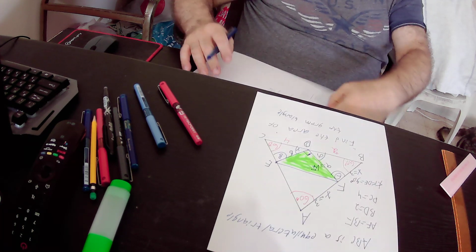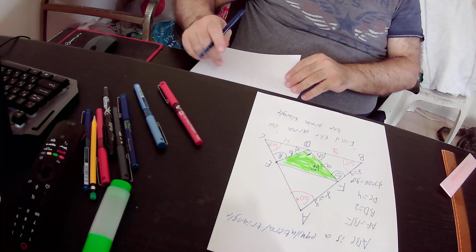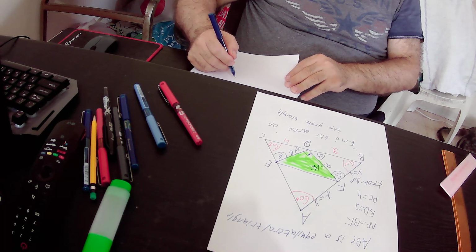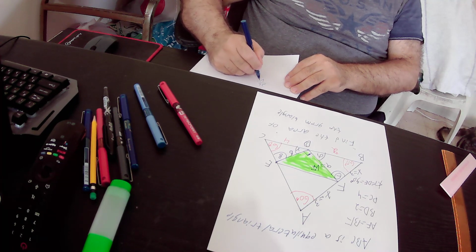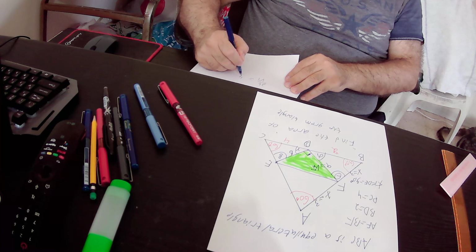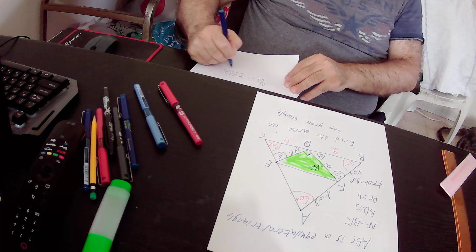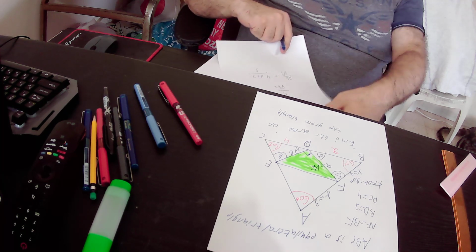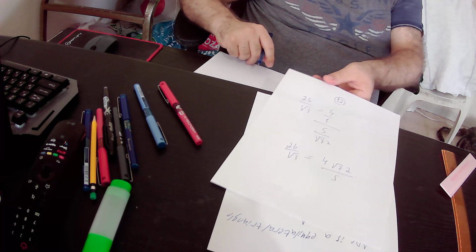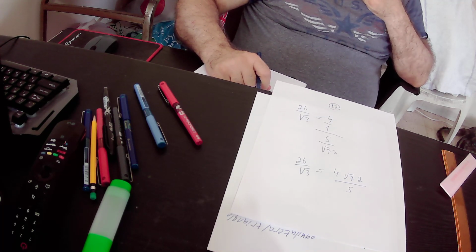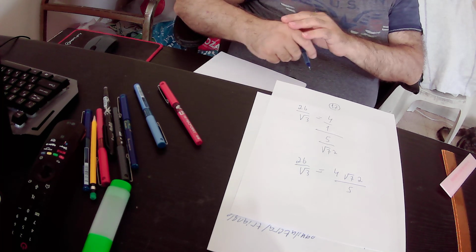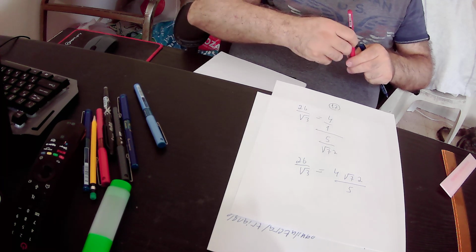We'll do this simple arithmetic. 2b over root 3 equals 4 times root 7 times 2 over 5. In total, we got that 2b equals 4 times root 7 times 2 over 5. Here we can cancel 2.